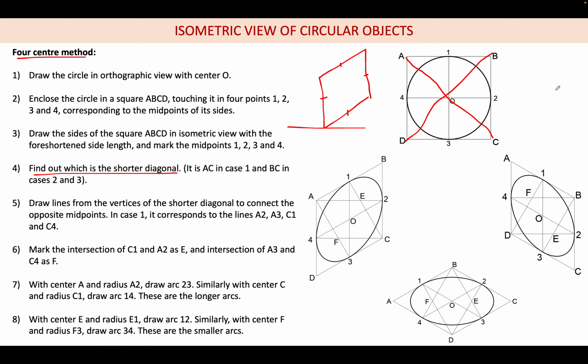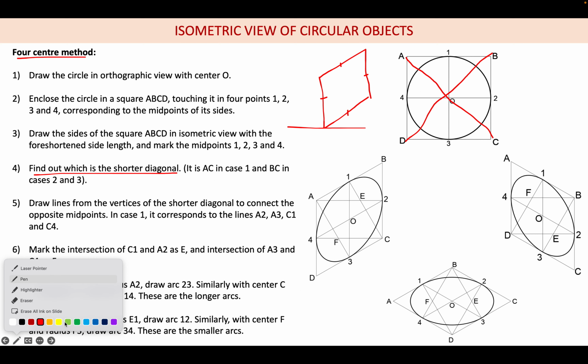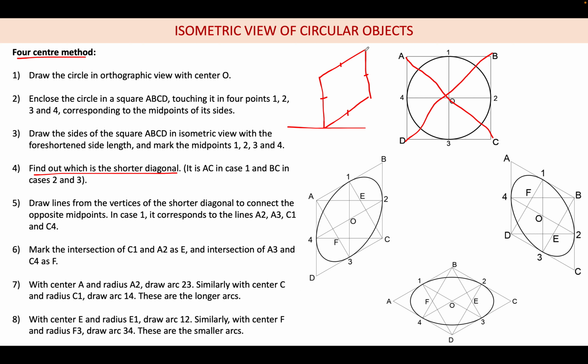But if you are drawing in the isometric projection, let us say I am using a different color and drawing the dash line, this will be one diagonal, this will be another diagonal. If this is A, this is B, this is C, this is D, my BD is the longer diagonal in this case and AC is the shorter diagonal.